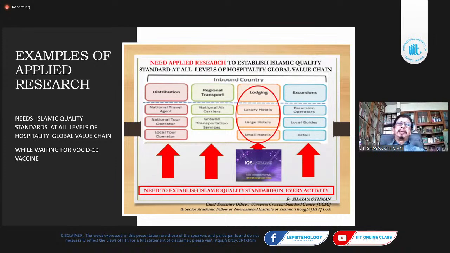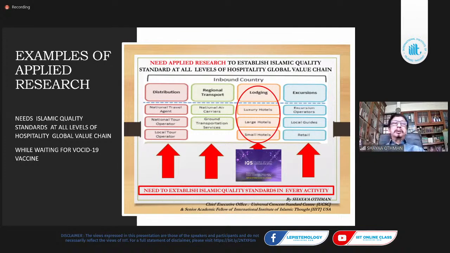Today, Sharia expertise is fiqh in ibadah, fiqh in munakahat, not so much fiqh in muamalat, which should be integrated with business and commerce.